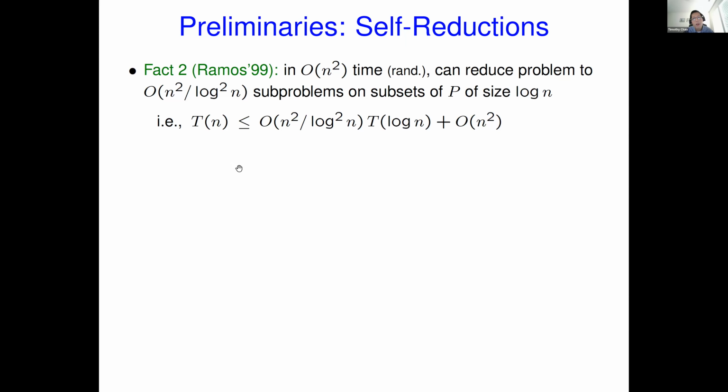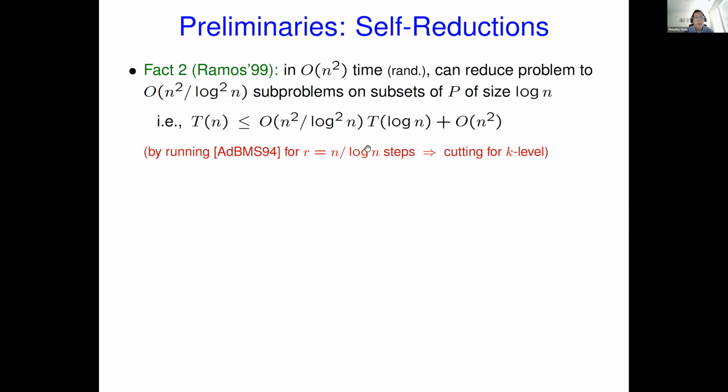As a result, you get this recurrence. The way Ramos achieved his result is by running the previous algorithm by Aurenhammer, de Berg, Matoušek, and Schwarzkopf, the one based on randomized incremental construction, except you run it only for up to n over log n steps. And because you stop early, the runtime avoids the extra log factor.